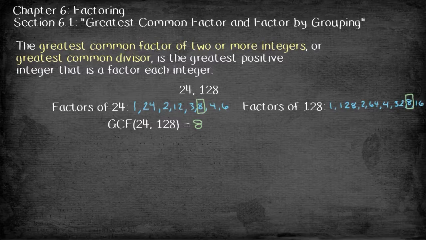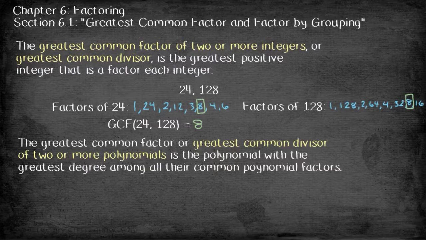For polynomials, it works kind of the same way. The greatest common factor for polynomials is referring to something different than the greatest common factor for integers. So the greatest common factor of two or more polynomials is the polynomial that has the greatest degree among all the common polynomial factors.